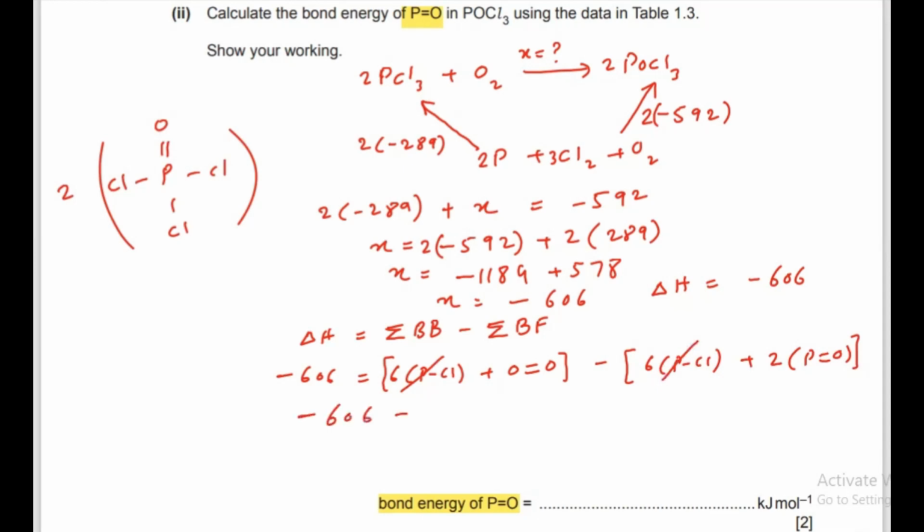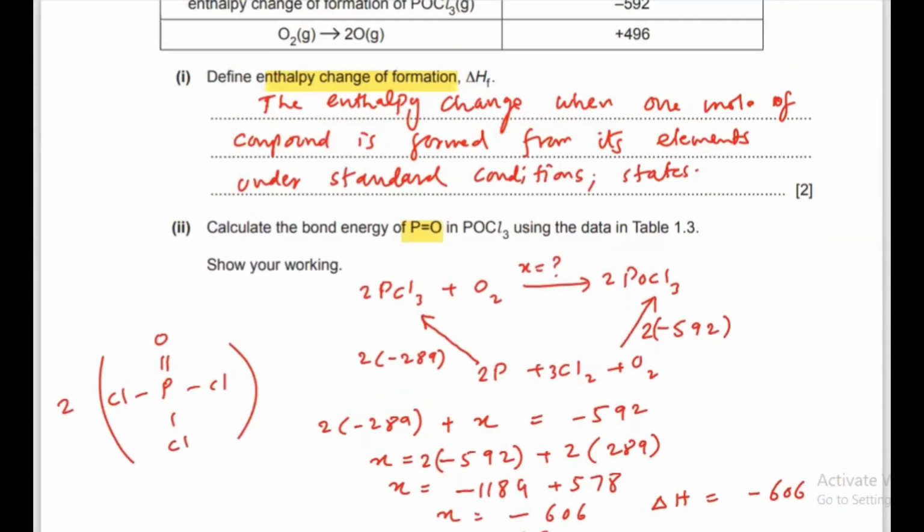So negative 606 is equal to O double bond O, this is the broken, minus 2 P double bond O. We have the value of O double bond O, which is in the table, I think.